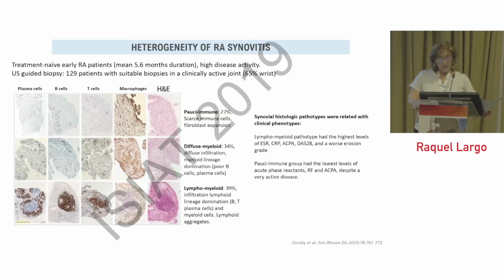And the other pathotype is what they call the pauci-immune pathotype, with scarce immune cells, but in patients with highly active disease.